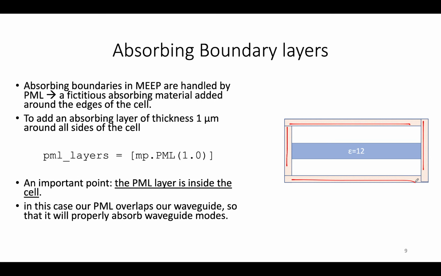To add an absorbing layer with a thickness of 1 micrometer is as simple as that. We define our PML layers as mp.PML, and then the size, that is in this case 1 micrometer.